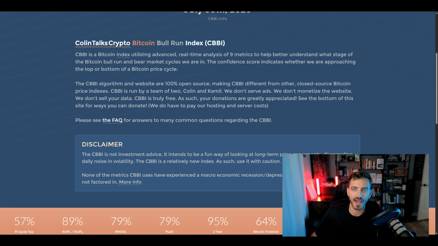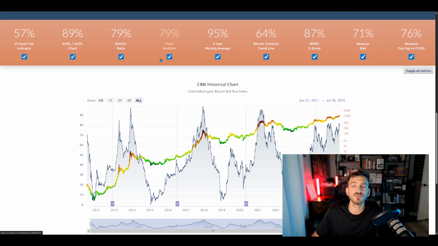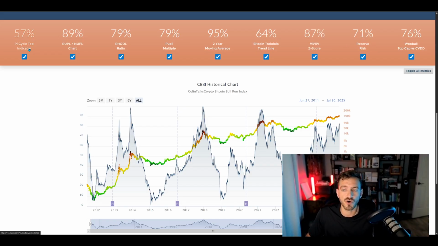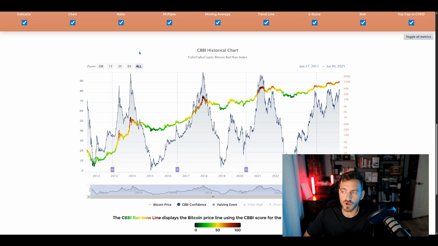You can take a look at it. If you're going to just use one tool and nothing else, this is by far the best one there is. You can see all the inputs here. You've got the Puell multiple, the MVRV Z-Score, reserve risk ratio, Pi Cycle Top. It aggregates them all into a score and gives you an amazing idea of where we're at in the cycle.